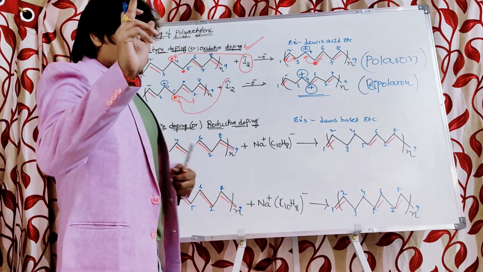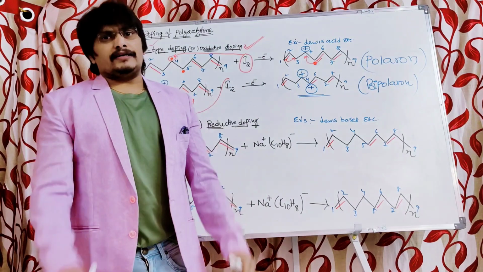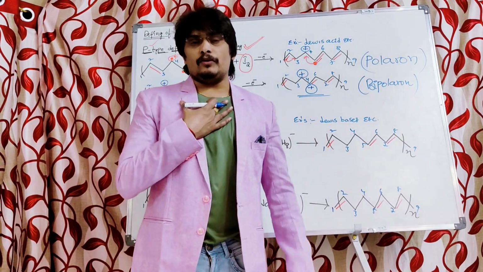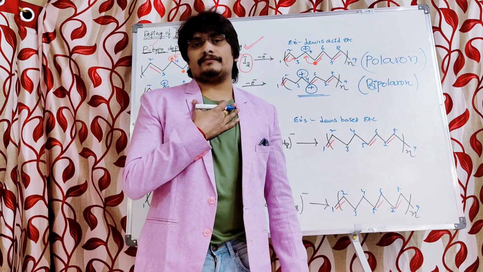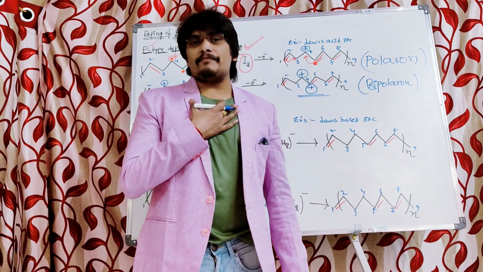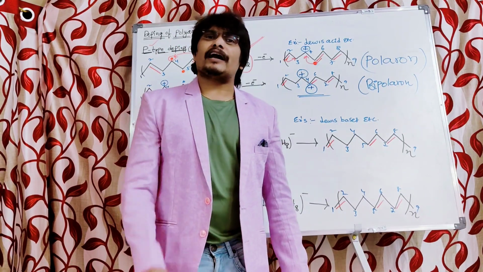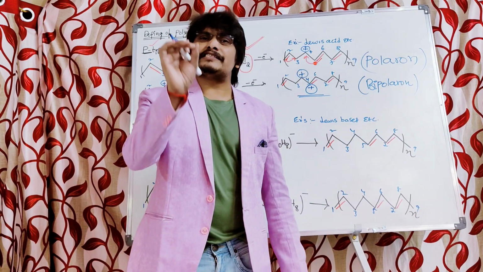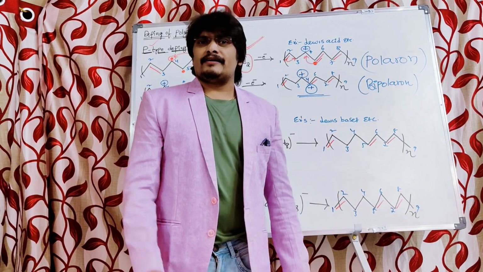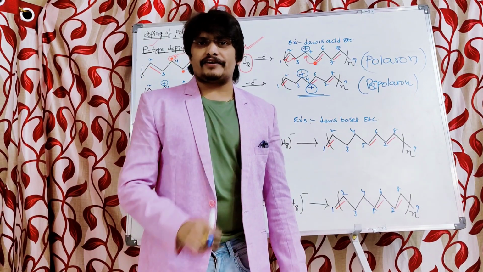So, students, I believe that other than me, every faculty will explain with the help of the conduction band and the valence band. They will simply say that during the p-type doping or oxidative doping, holes are generated.